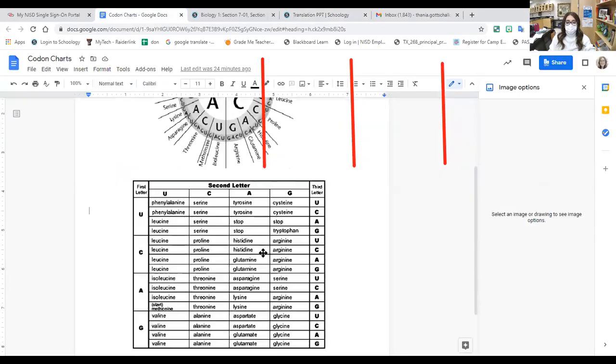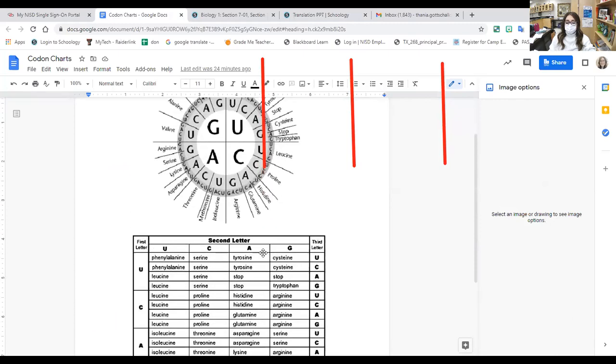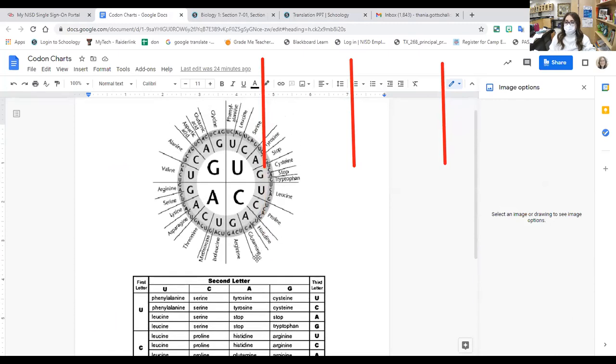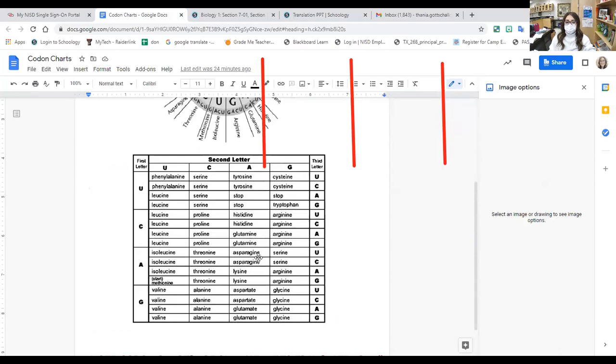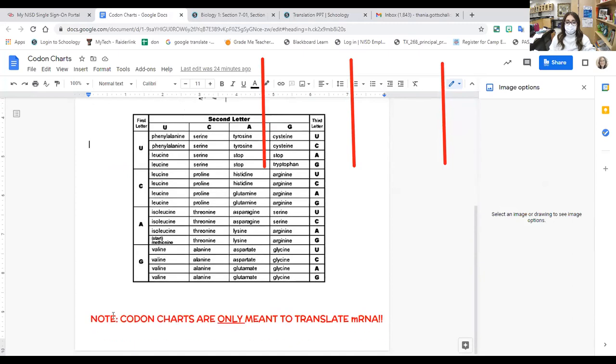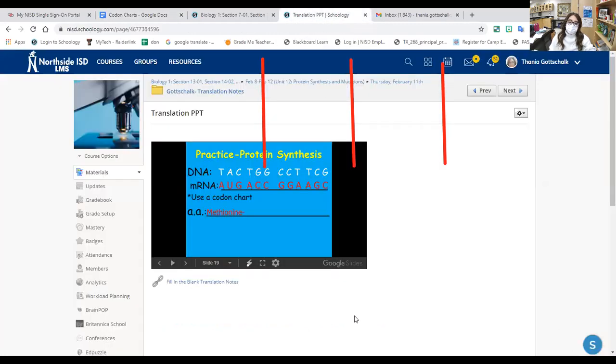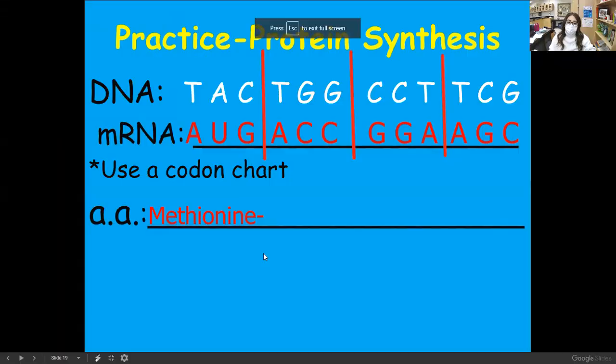So these charts have been placed inside of today's folder, and you'll have these available for you to use. And I put that note at the bottom. Codon charts are only meant to translate mRNA. Now, as you go through, ACC is going to give you threonine, GGA is going to give you glycine, and AGC is going to give you serine.